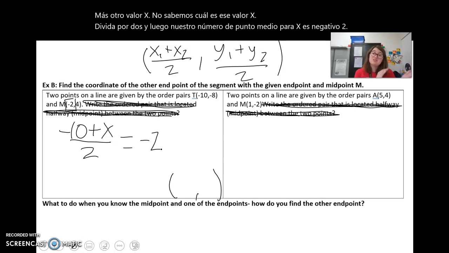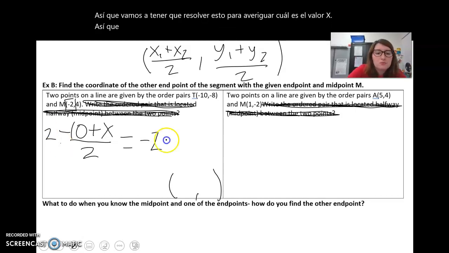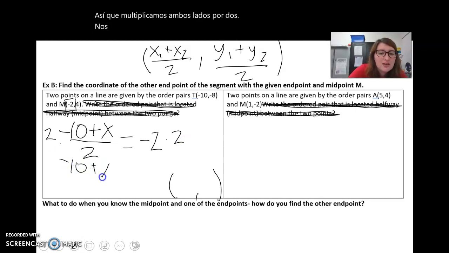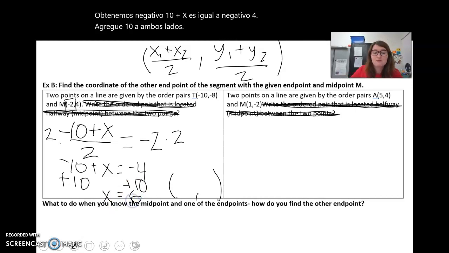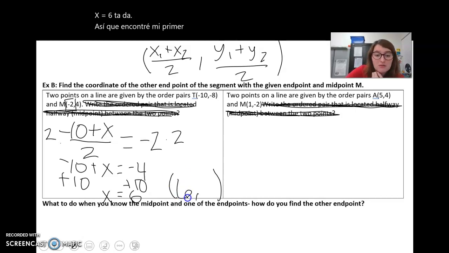So we're going to have to solve this to figure out what the x value is. We multiply both sides by 2. We get -10 plus x equals -4. Add 10 to both sides. x equals 6. Ta-da!